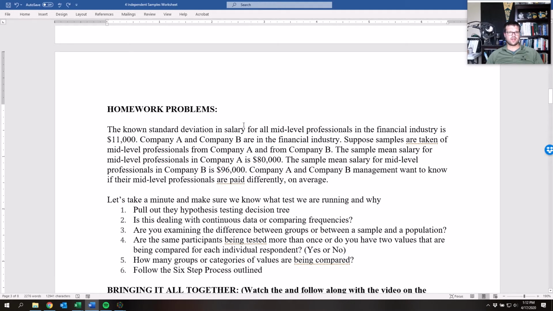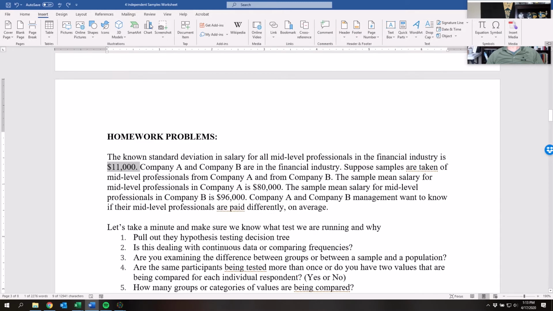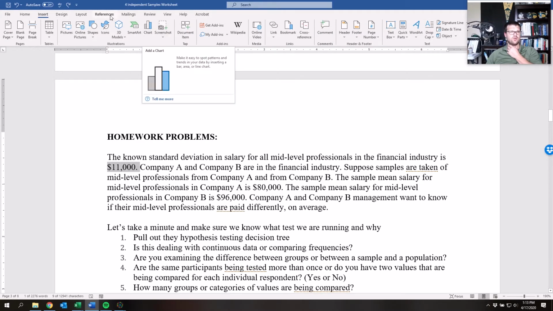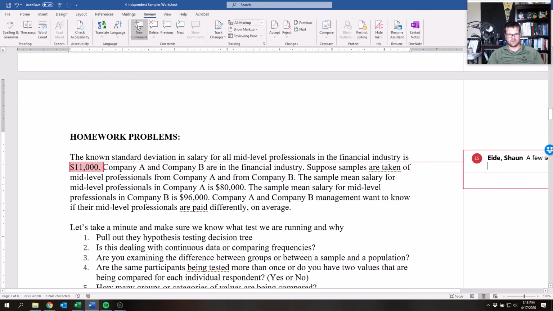The known standard deviation in the salary of mid-level professionals is $11,000. So I'm going to highlight that, and then I'm going to do review, new comment, and then pop SD. So I've got the population standard deviation, and then company A and company B are in the financial industry.